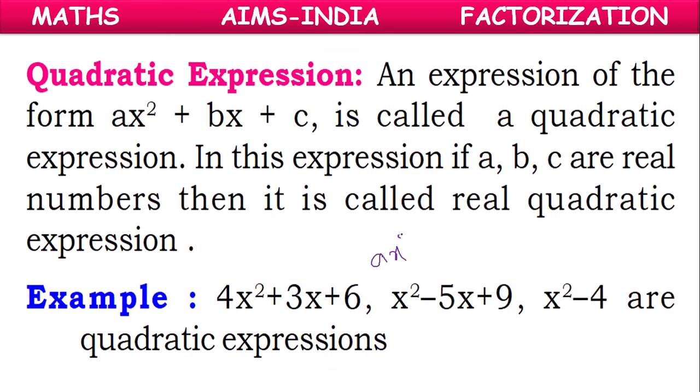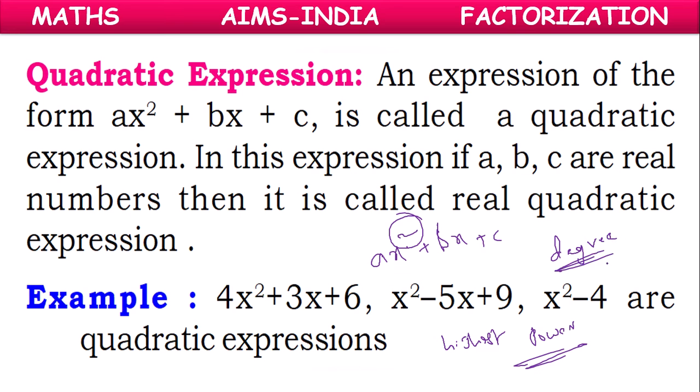Suppose ax square plus bx plus c. Here the highest power is 2. The highest power is called the degree of the expression, which is 2.